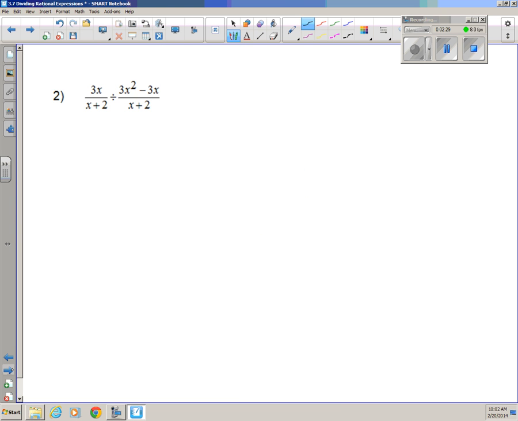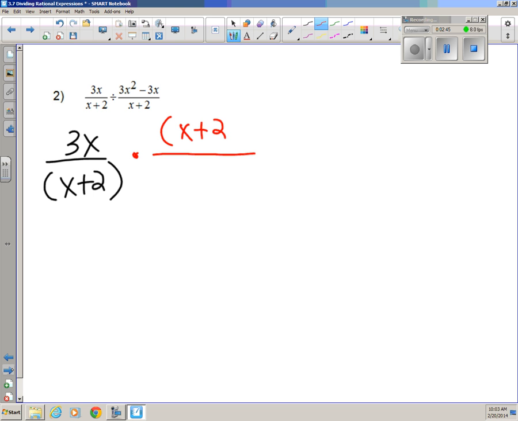All right, second one. I'm going to actually flip this thing first and then factor second. So I keep my first fraction as is, realizing my bottom is a binomial. I'm going to stick that in parentheses. When I rewrite the second fraction, that x plus 2 binomial goes on the top, and the 3x squared minus 3x goes on the bottom.